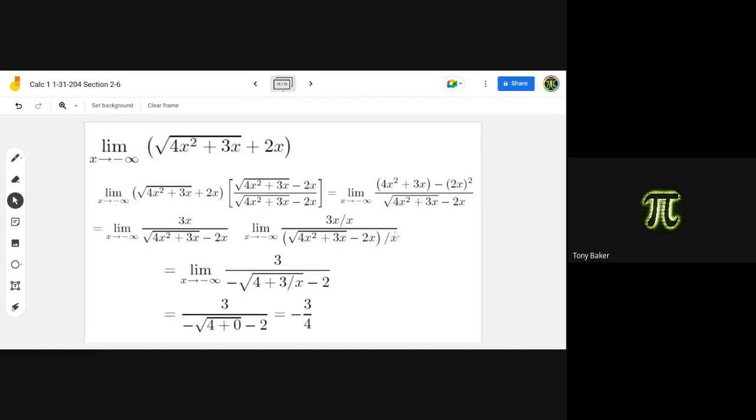And remember, to bring this inside the square root, I have to bring it in as an x squared. So 4x squared divided by x squared is 4. And the 3x divided by x squared is 3 over x.